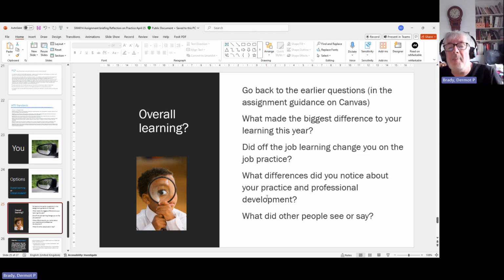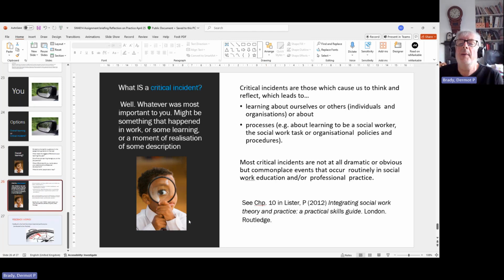So that might be the big picture. But sometimes people do this: a critical incident, where something important happened to you and it stuck with you and gave you a lot of pause for thought and you really learned something from it. In my experience, most social workers who've been through training and education will have had one of those moments somewhere along the line, quite often in early career, but you might have a number of them over time.